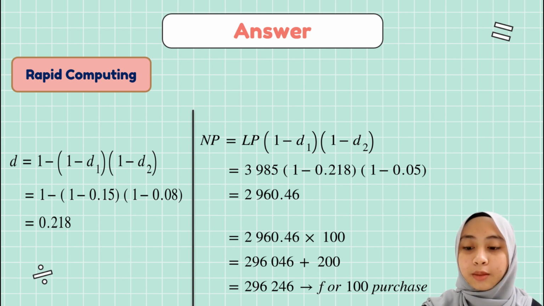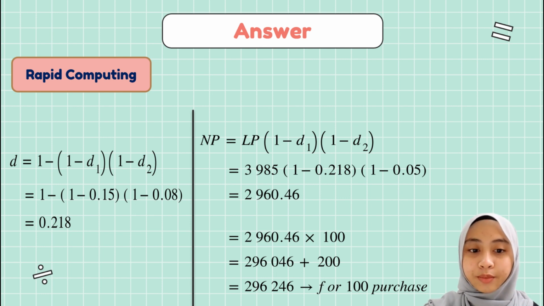So LP is 3,985 times 1 minus 0.218 times 1 minus 0.05. 0.05 is 5%, from the 5% that is shown on the table, which is the cash discount.